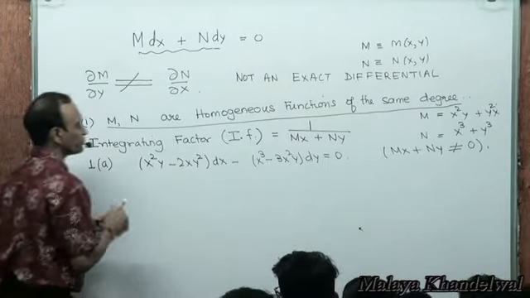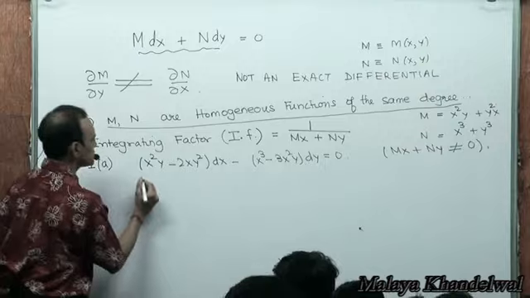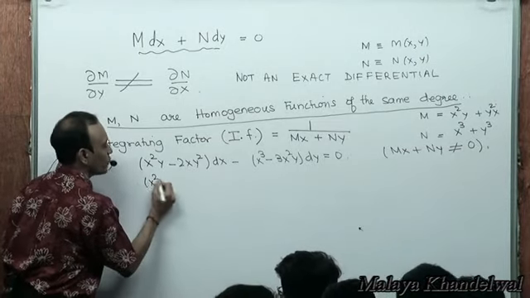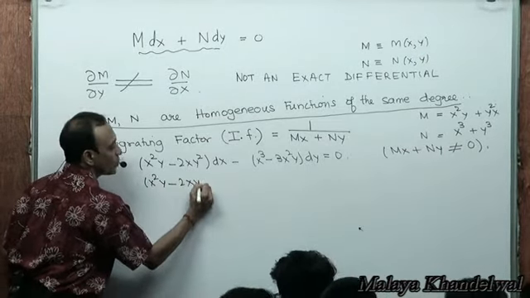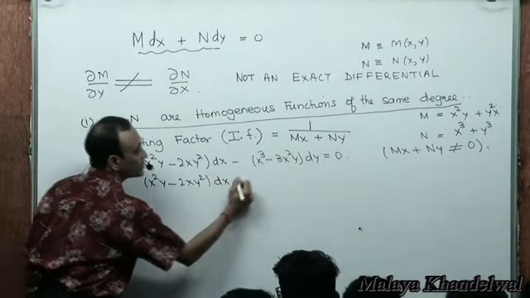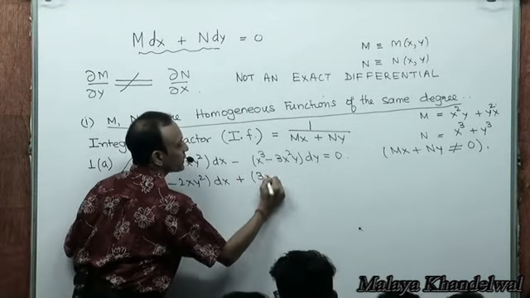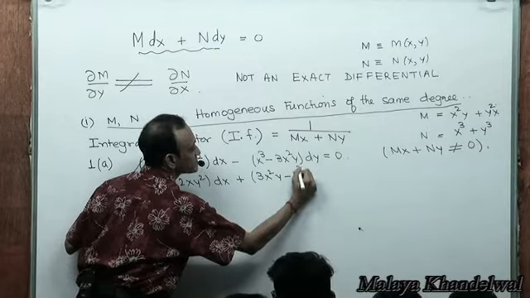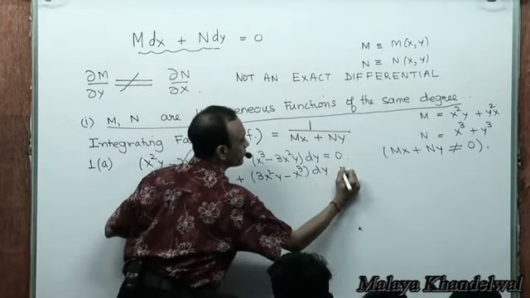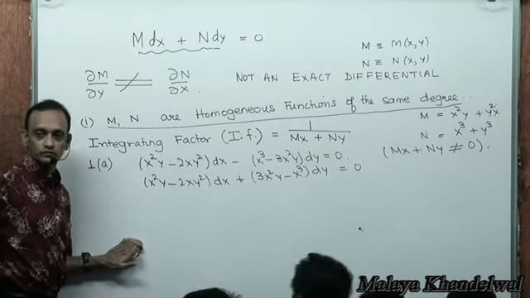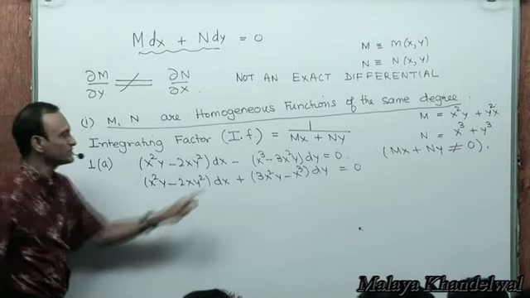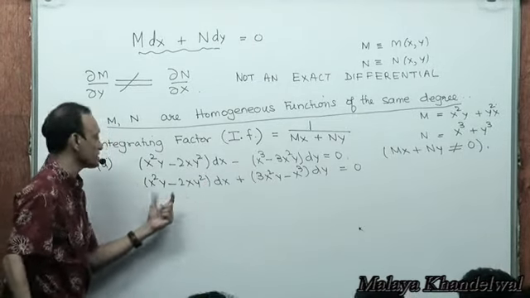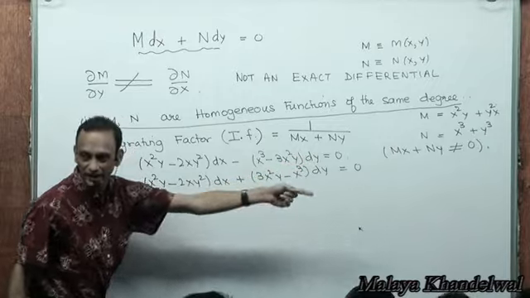Now, this I could have written as (x squared y minus 2xy squared) dx plus (3x squared y minus x cubed) dy. Right? Yes or no? I absorb the minus sign here. So it's M dx plus N dy kind of a thing.